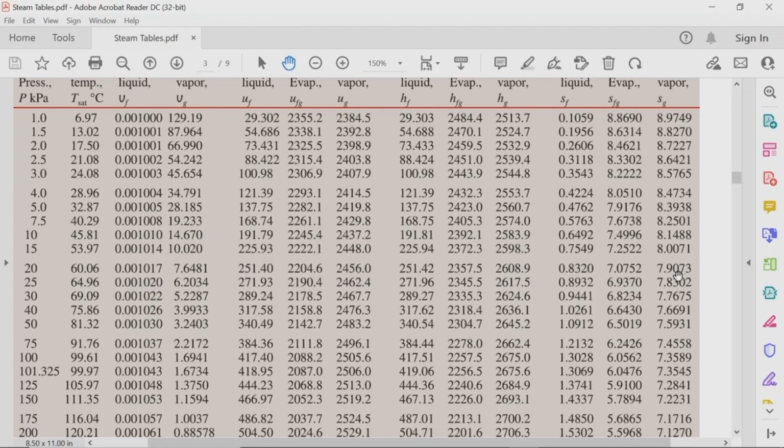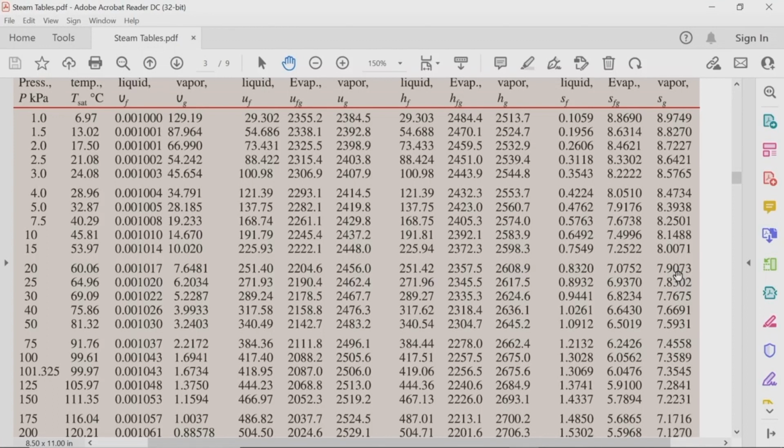If we traverse along this horizontal line, Hf is 251.42, Hfg is 2357.5, Sf is 0.8320 and Sfg is 7.0752.